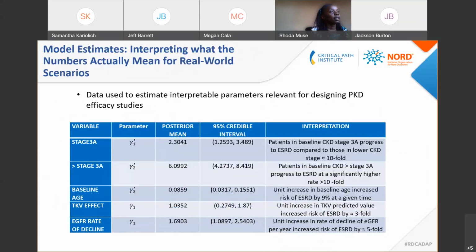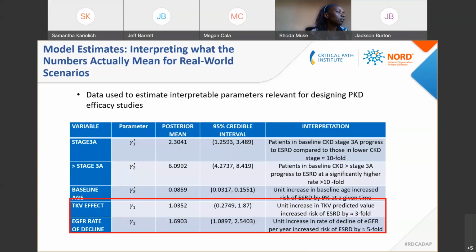Okay, so once we estimated the model, we obtained the results. And as we can see here, these results have their estimates and their real-world interpretation. So if we direct our attention to the very bottom, next slide. Yes, so these are the time-varying effects of total kidney volume and eGFR rate of decline, which are our longitudinal markers.